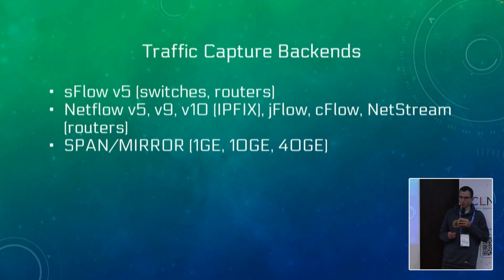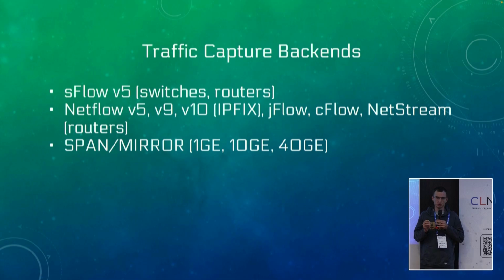In terms of ways Fastnetmon can learn and get traffic from your network, we support basically all the telemetry protocols available on the market, maybe with a few exceptions. It's up to you to decide which one is best for you.